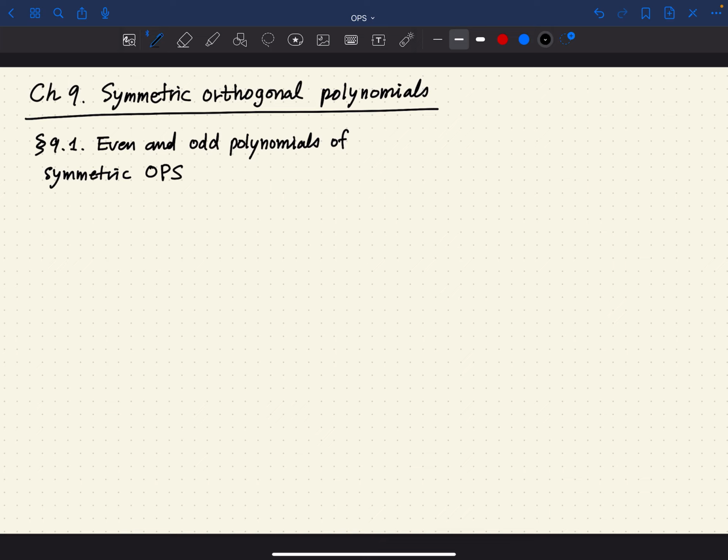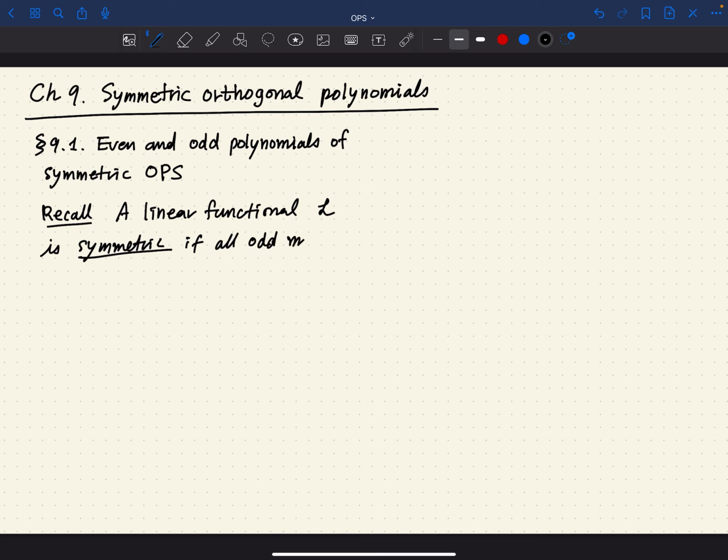Okay, so first let me define symmetric orthogonal polynomials. But let's recall that a linear functional L is called symmetric if all odd moments are 0. That means L of x to the 2n plus 1 vanishes for all n.